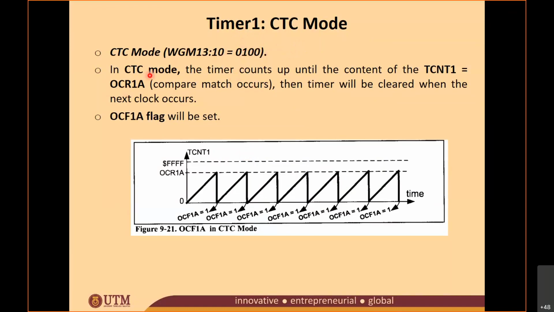So in CTC mode, the timer counts up until the content of your TCNT equals your OCR. When both values are equal, the timer will be cleared when the next clock occurs, and then the OCF1A flag will be set. So this is the summary of the CTC mode.